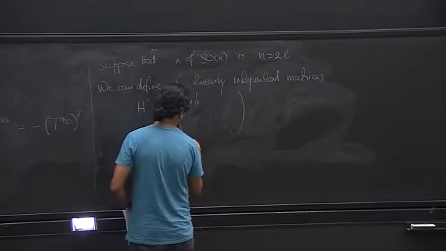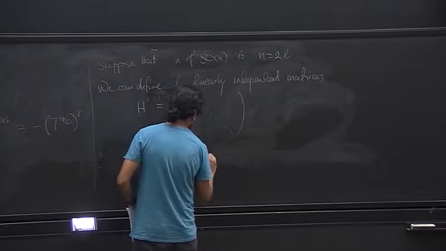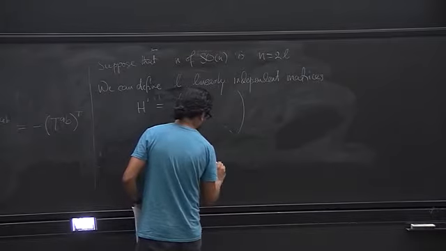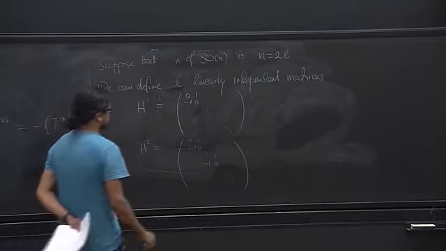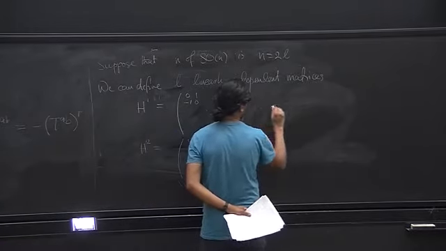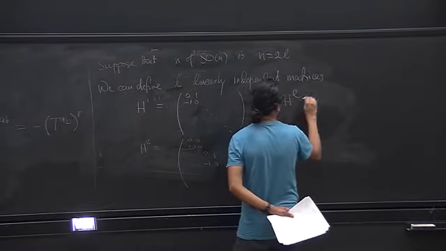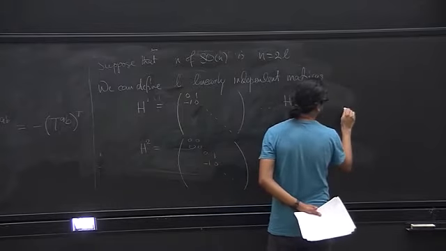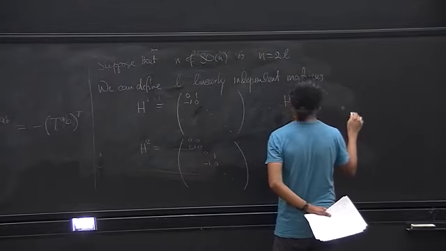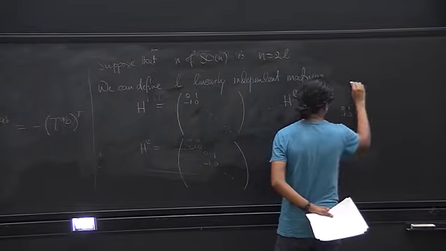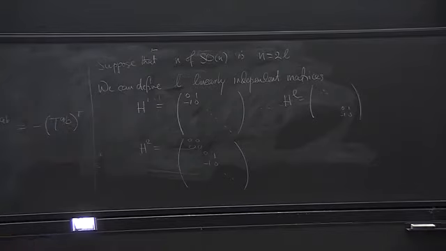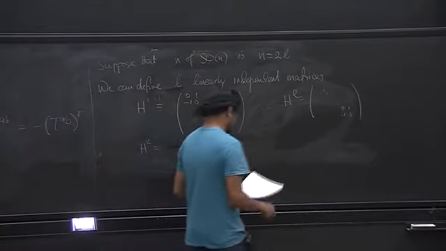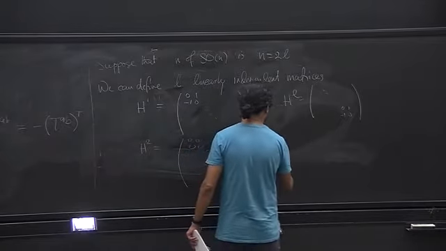So on until you get HL, where everything is 0 except the last 2 by 2 block. Now it should be clear that all these matrices commute with each other, right?